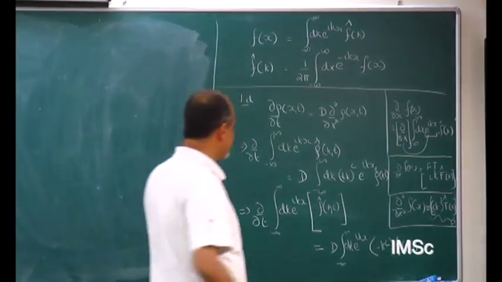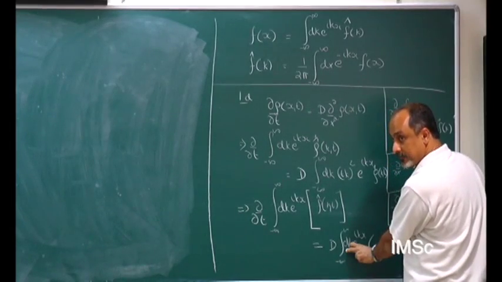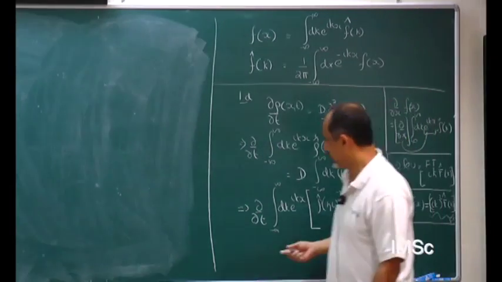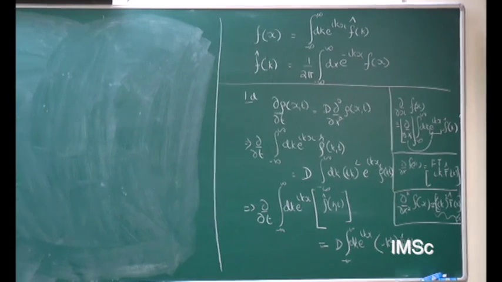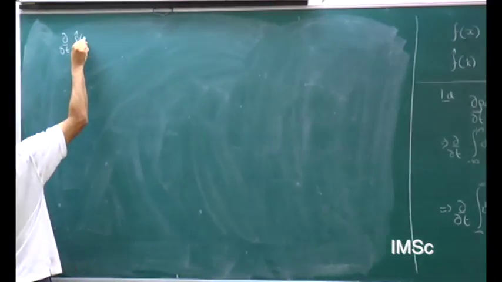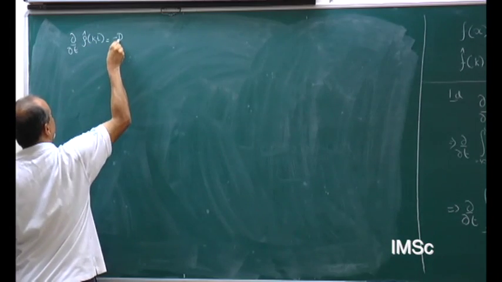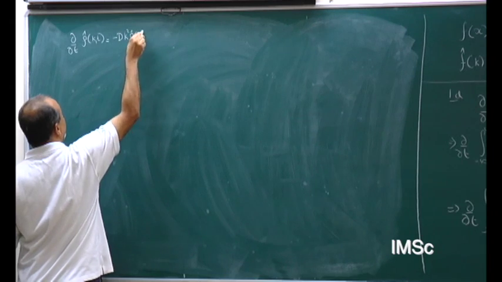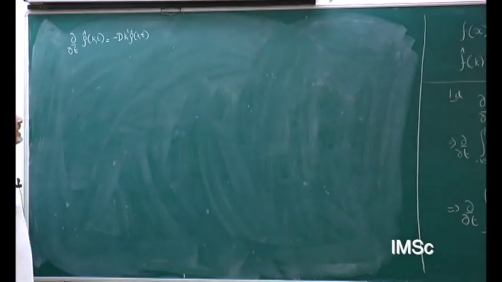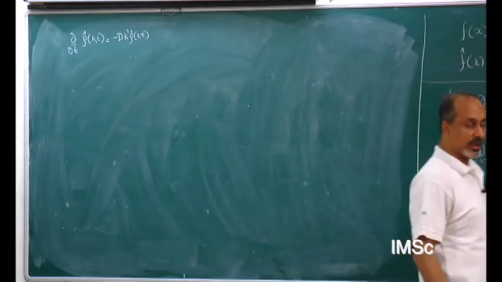Now note that this part is common to both sides. Okay? So essentially what this means is that it simplifies into an equation for rho hat of k and t. If I solve this equation, then I know what rho hat is.